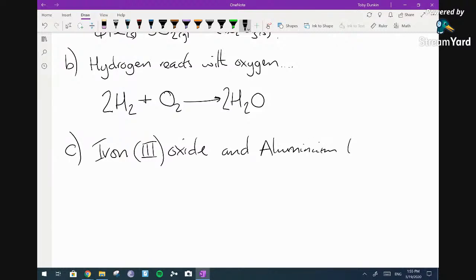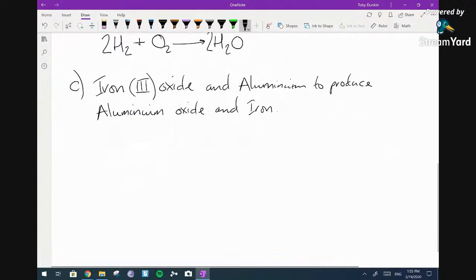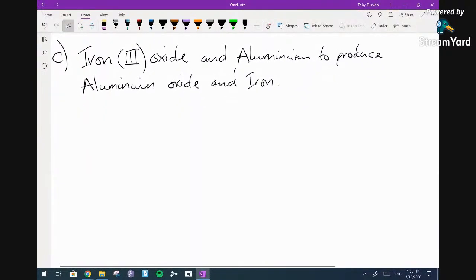Aluminium to produce aluminium oxide. Aluminium oxide and iron. Okay, pause the video, have a go.